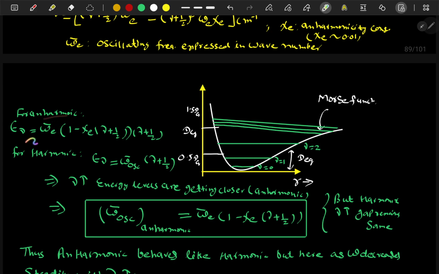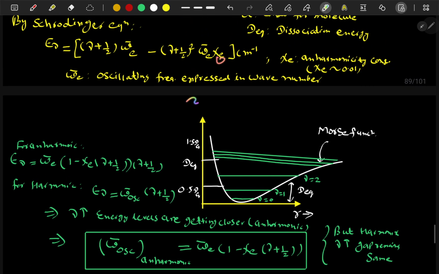Now for anharmonic, E_μ equals omega_e (μ plus 1 by 2) times (1 minus x_e (μ plus 1 by 2)). For the harmonic oscillator, E_μ equals omega (μ plus 1 by 2). So for anharmonicity we have introduced a new coefficient x_e. Simply, the harmonic expression plus a correction term.